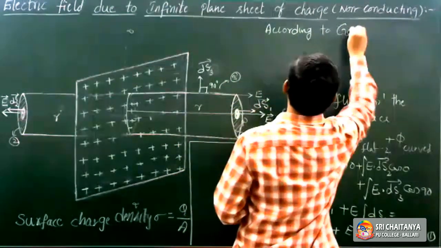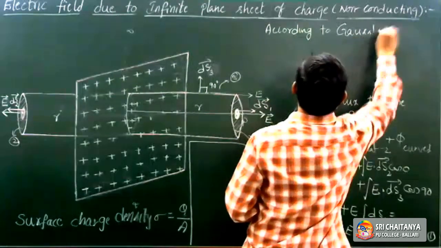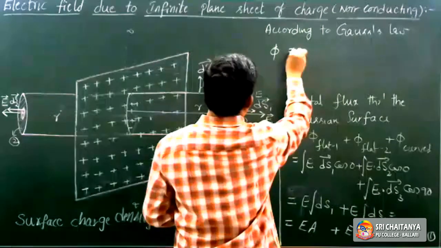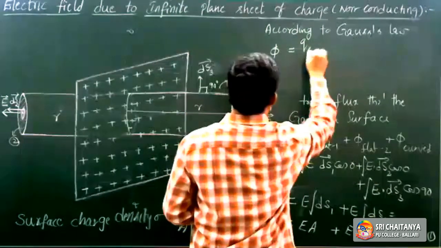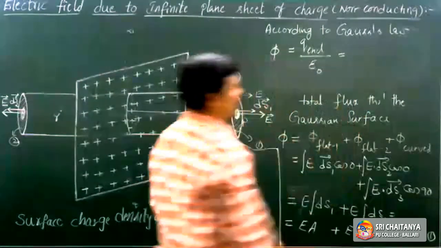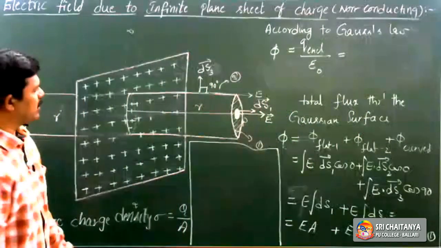According to Gauss law, phi is Q enclosed by epsilon naught.